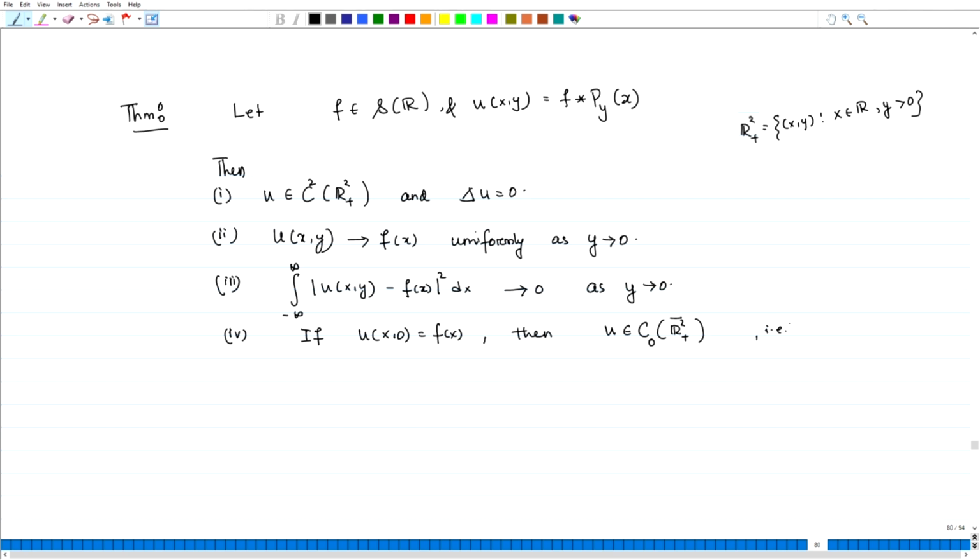That means u of x comma y goes to 0 as mod x plus y converges to infinity. The proof is more or less exactly the same as for the heat kernel, because the Poisson kernel is a good kernel.